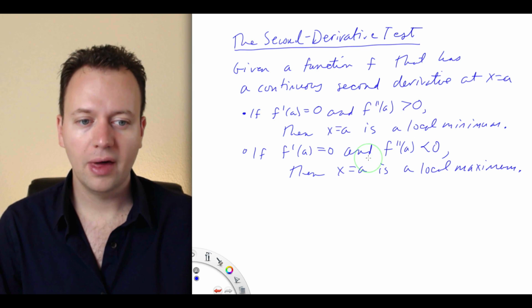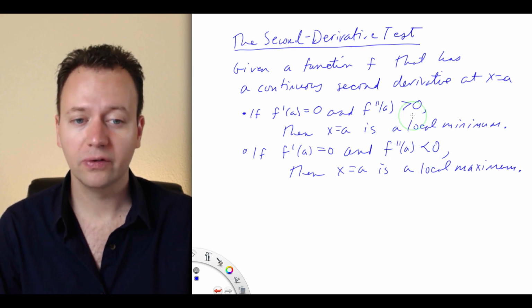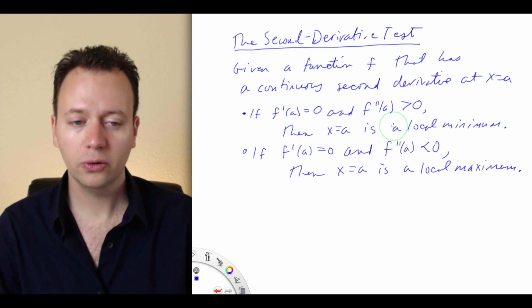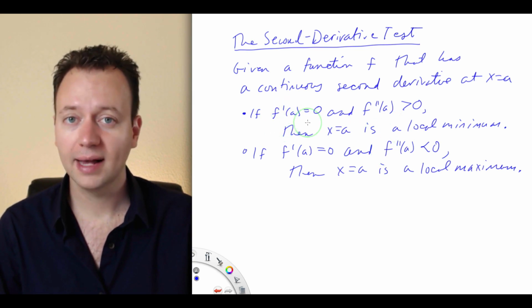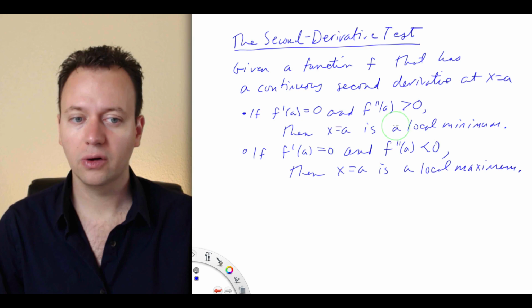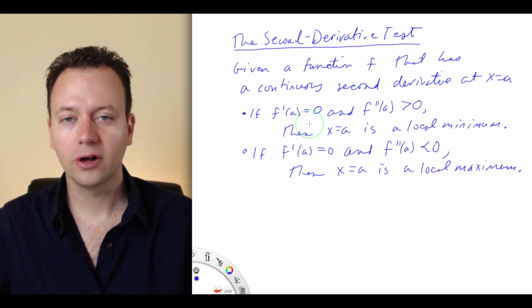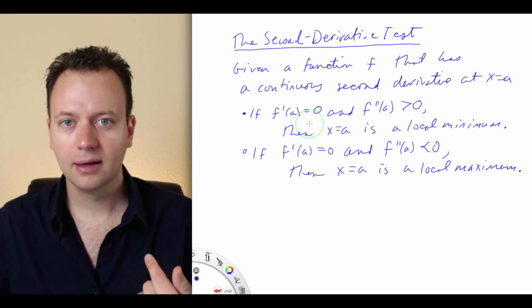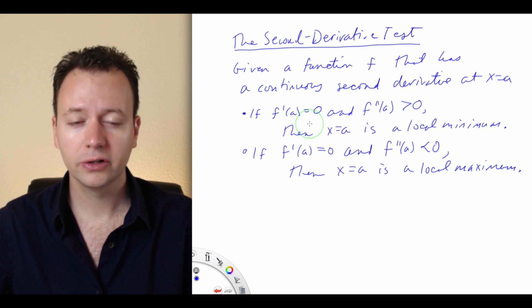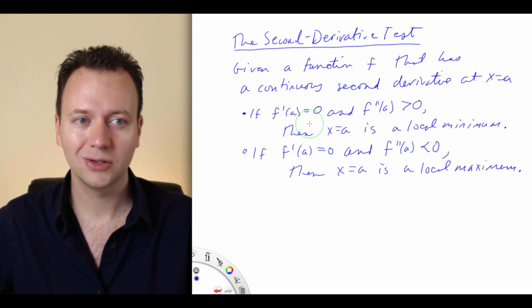Then we get no information, because neither of these statements tells me what type of critical point x equals a is. If the second derivative is equal to 0, along with the first derivative equaling 0, then the function might have a maximum, minimum, or neither. So the second derivative equaling 0 gives us no information.